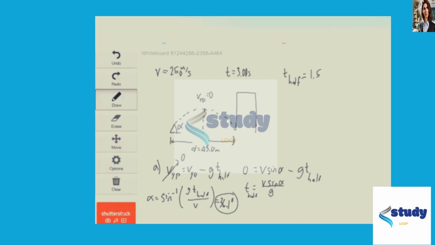Okay, B. Where are we with B here? What's the speed and acceleration of the water at the highest point? Didn't quite answer that, but I kind of needed to know that. The speed in the vertical direction is 0.